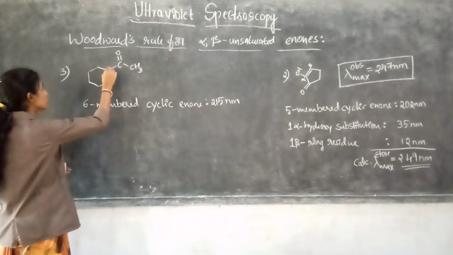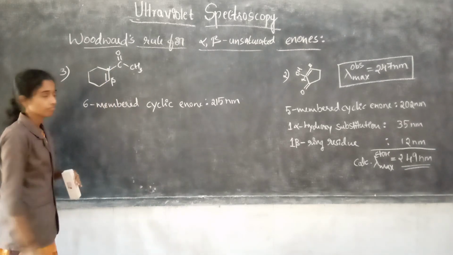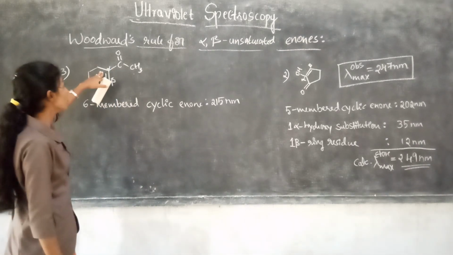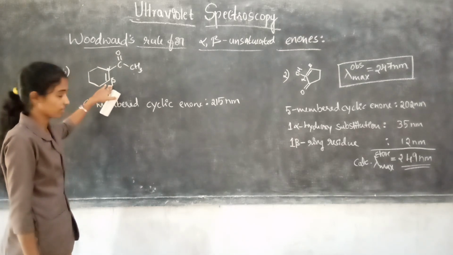Now, this is alpha carbon, whereas this is beta carbon. Here we can say that at alpha position we have one ring residue and at beta position we have another ring residue.